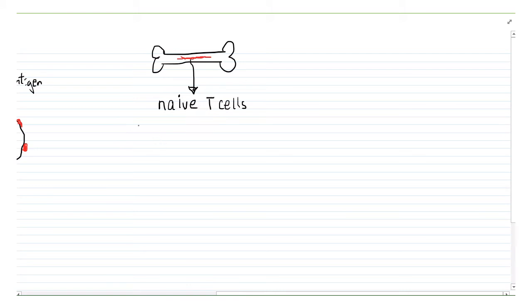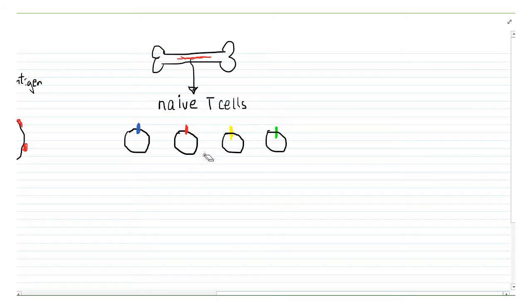And you're gonna have different types of naive T cells. Okay, you're gonna have a naive T cell with a blue receptor. Maybe you're gonna have a naive T cell with red receptors, and all these receptors are going to be created by gene shuffling. Okay, so it's all random. You might have one with yellow receptor, you might have one with green receptors, and so you get the idea, right?